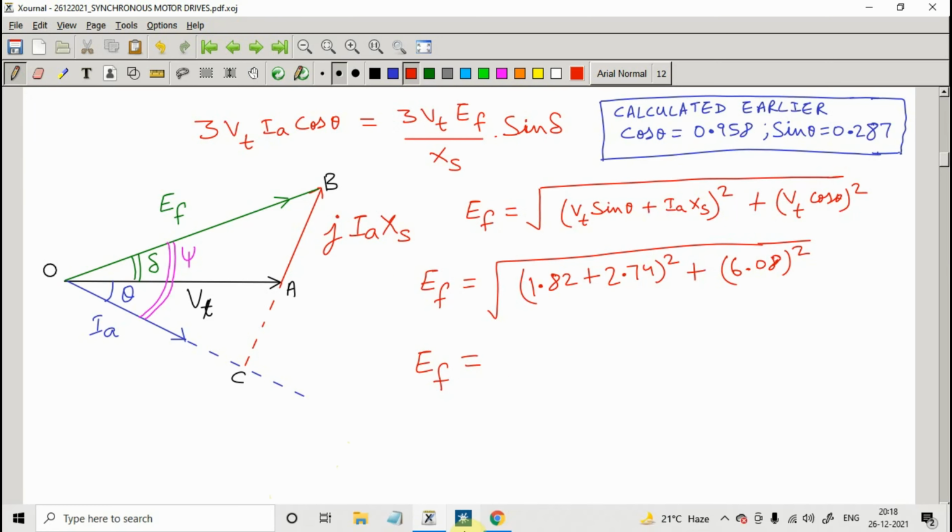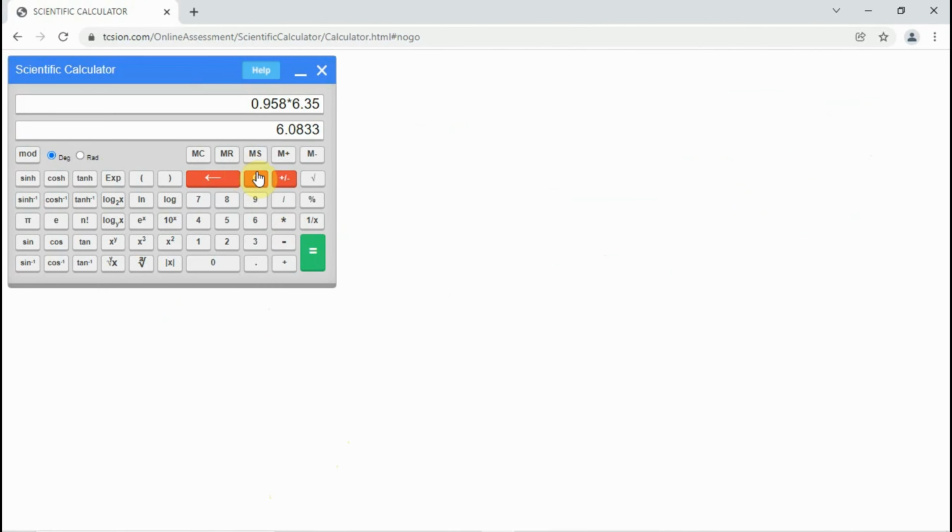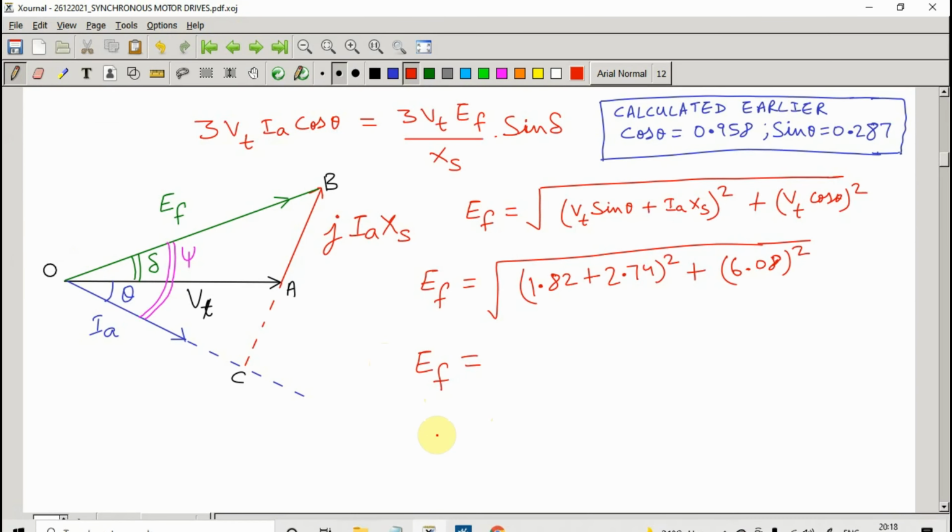So let us square them and add them. 1.82 plus 2.74, we add them and then square, and it is coming 20.7936.